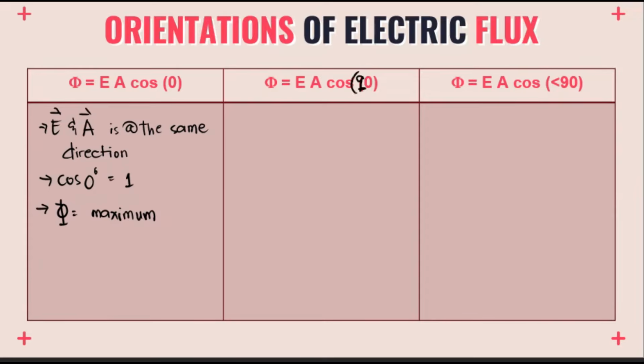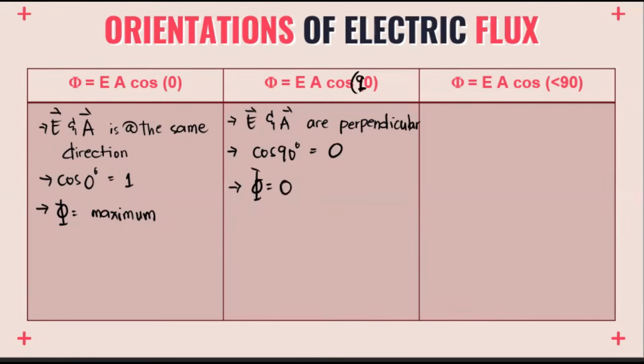Dito naman, kapag cosine 90, your electric field and area vector are perpendicular with one another. The angle between them is 90 degrees. Cosine 90 is equal to 0. So, meaning the value of our electric flux is equal to 0.